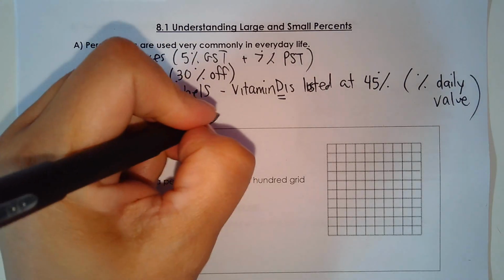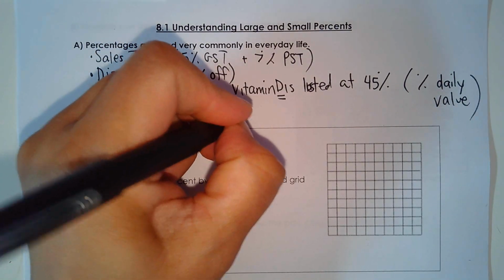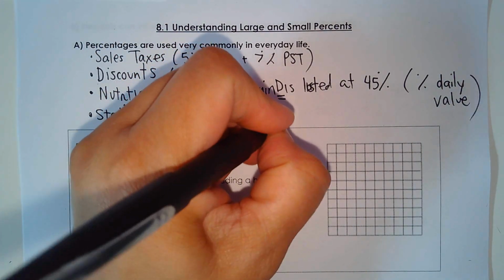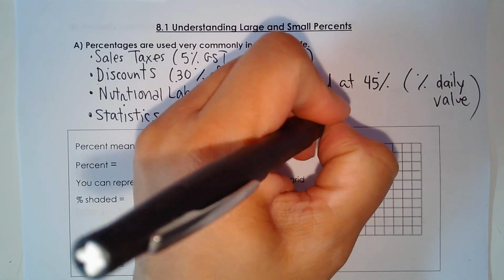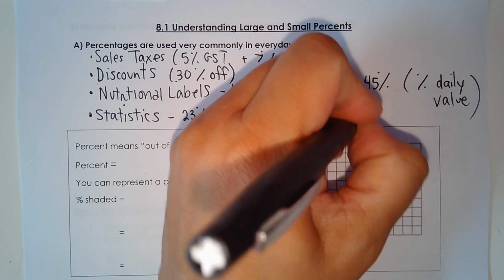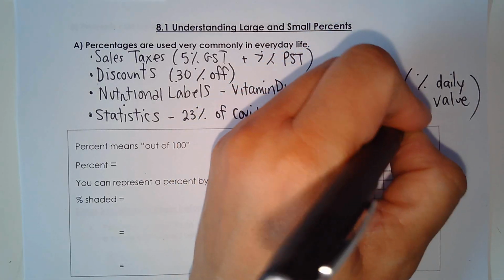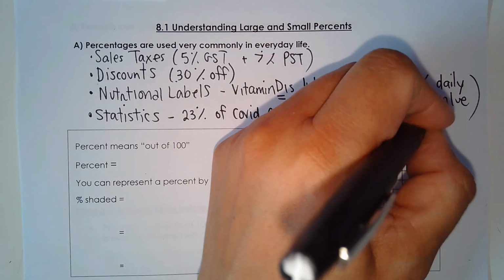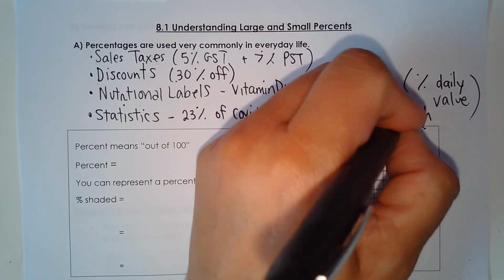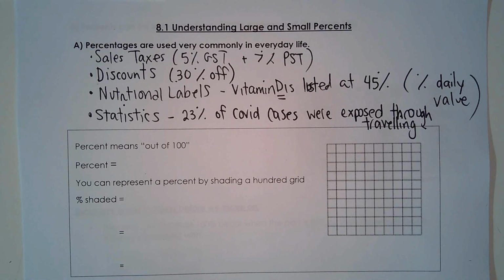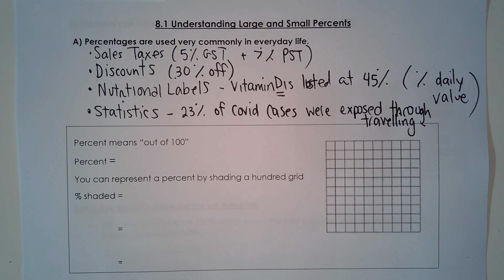So 23% of COVID cases were exposed through traveling or coming in contact with someone who had traveled.